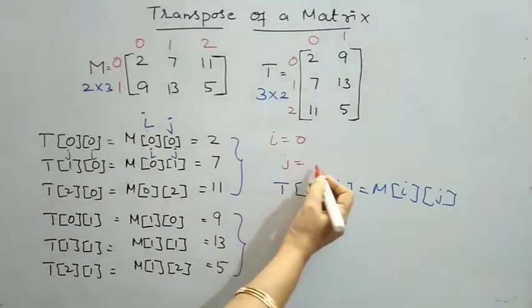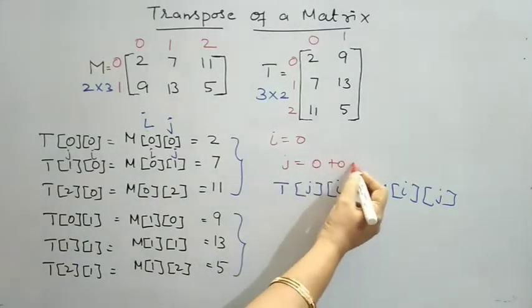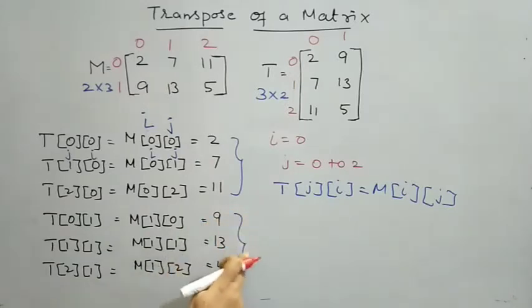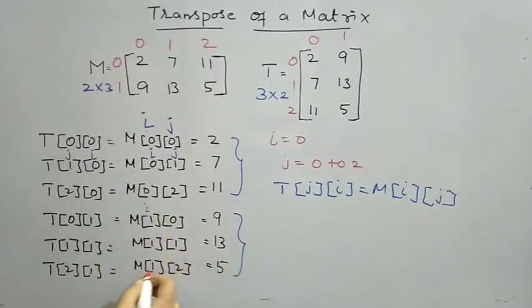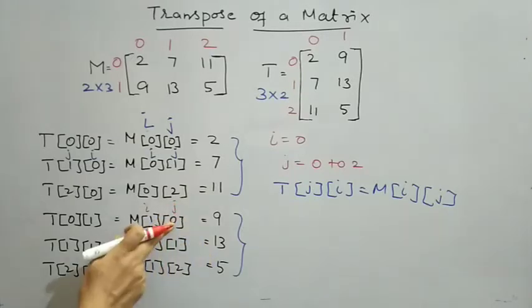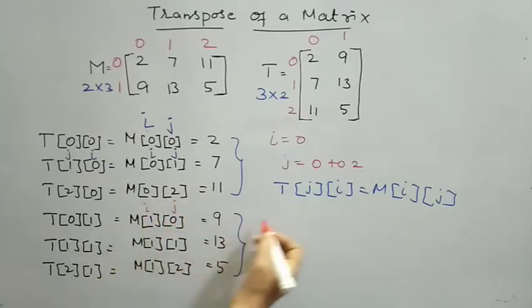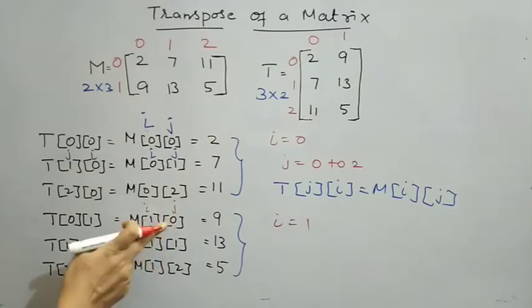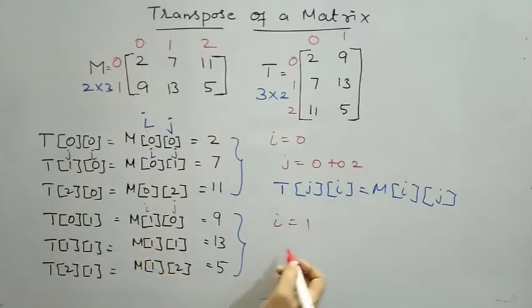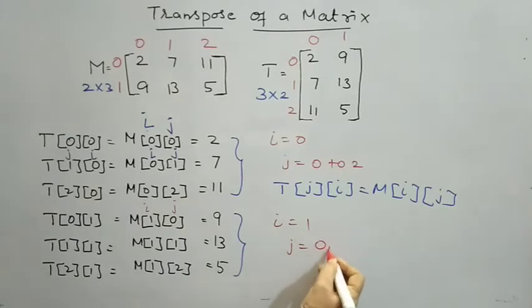In the second conversion, I takes the value of 1 and J takes the values 0, 1 and 2.